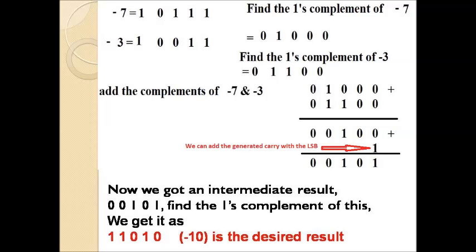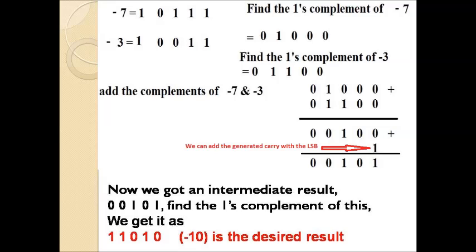Here after finding the ones complement of both the negative numbers, we add these complements. So we are adding the complements of minus 7 and minus 3. When we add these complements, 0 plus 0 is 0, 0 plus 0 is 0, 0 plus 1 is 1, and 1 plus 1 gives a carry. That carry is added to the least significant bit, right?